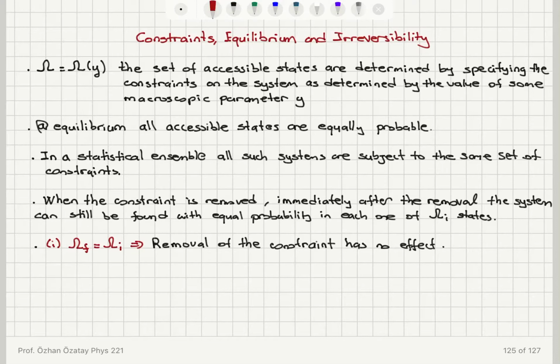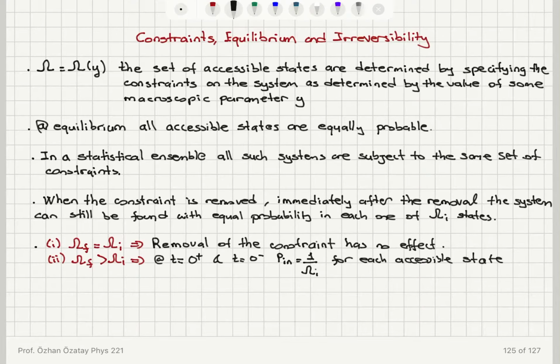And on the other hand, if we have the final number of accessible states, omega final, greater than omega initial, then at t is equal to 0 plus and t is equal to 0 minus, the initial probability for each accessible state is 1 over omega initial, and then we will have omega final minus omega initial states will have 0 probability of occupancy. This is what will happen initially.